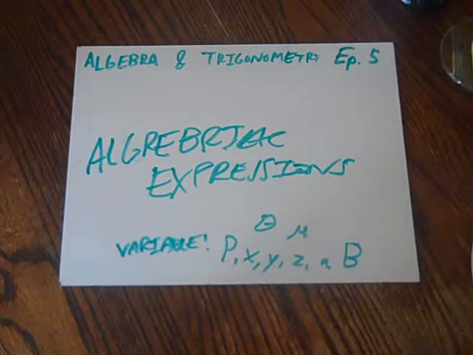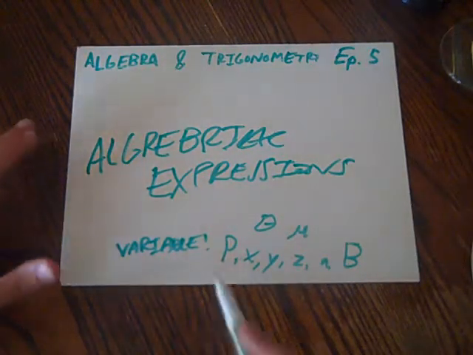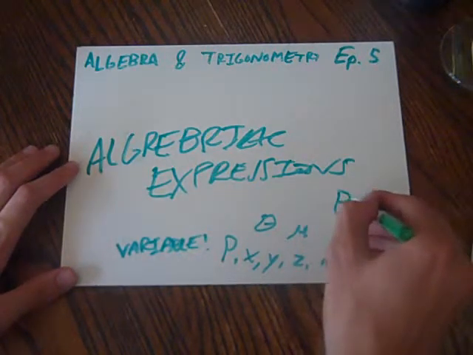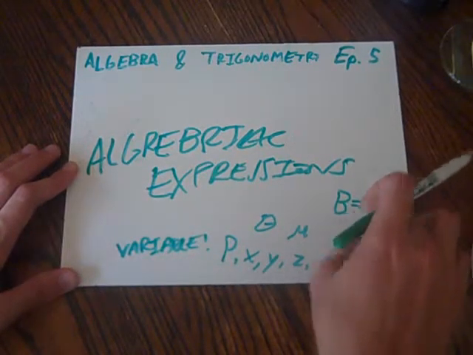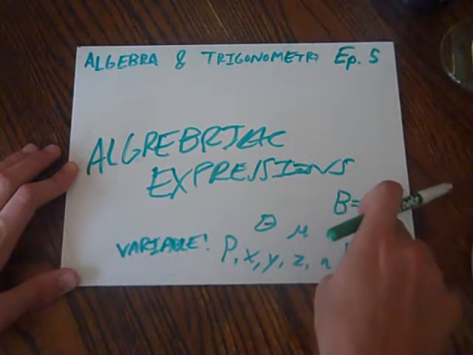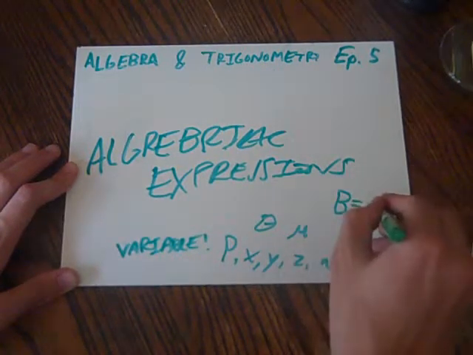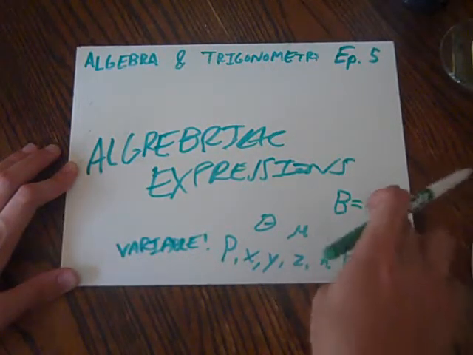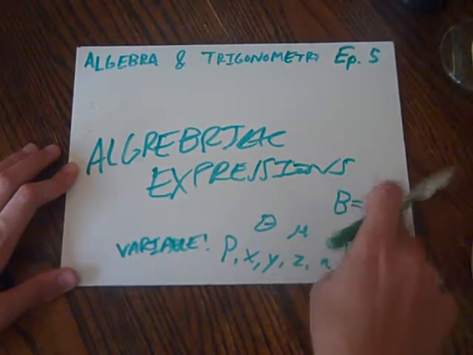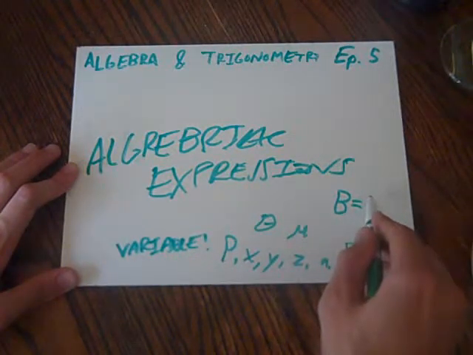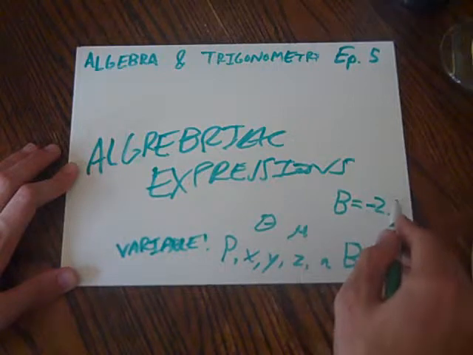So basically, these are all variables, and what they do is they represent real numbers. So b is equal to 6, or it could be equal to 4, or it could be equal to -2, or it could be equal to 0, or it could be equal to -2.2.